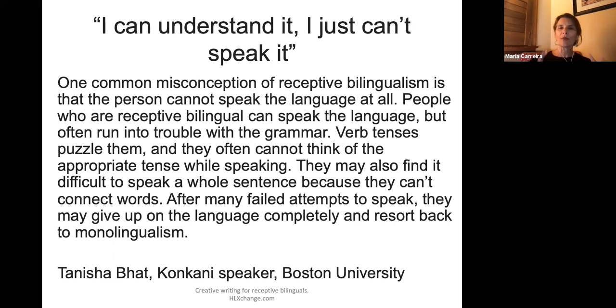This is really how I'm going to use the term receptive bilingual. Not, as the top line suggests, as somebody who cannot speak it, but rather as somebody who has difficulty speaking and may have given up on speaking it or writing it as a result of the difficulties encountered.